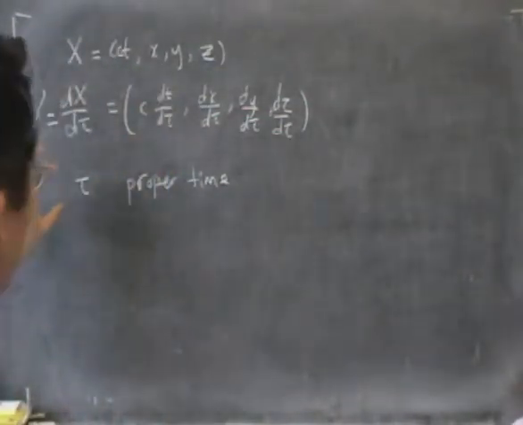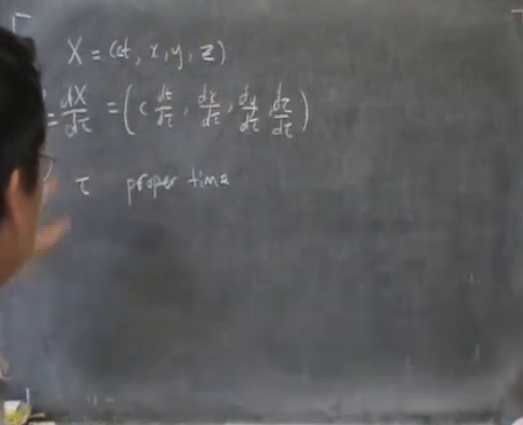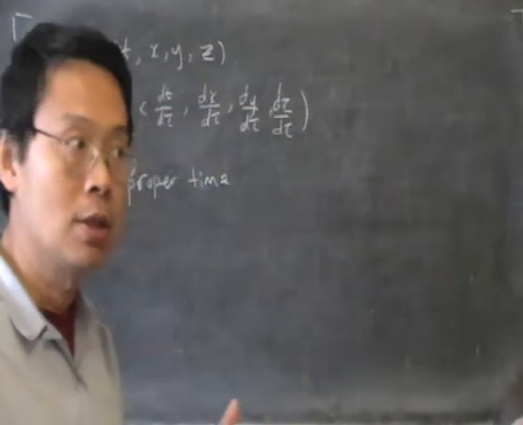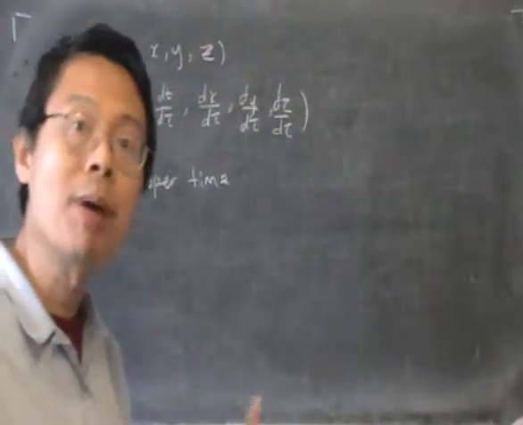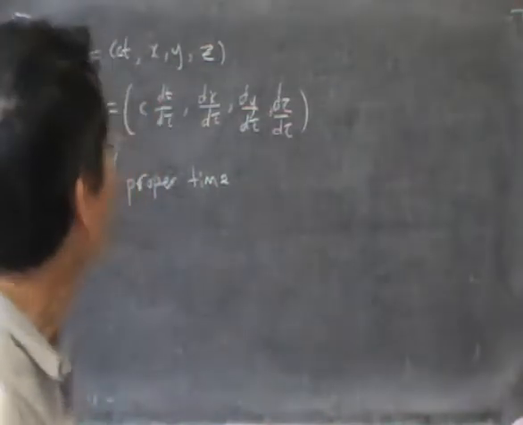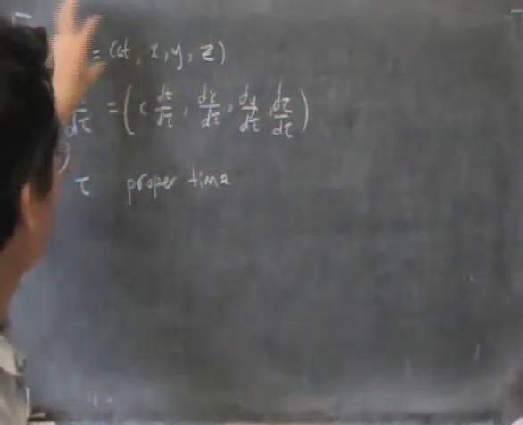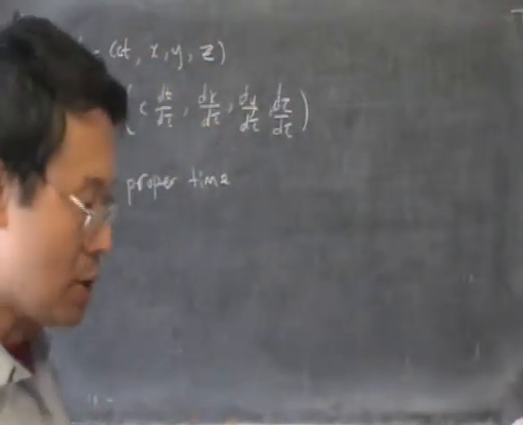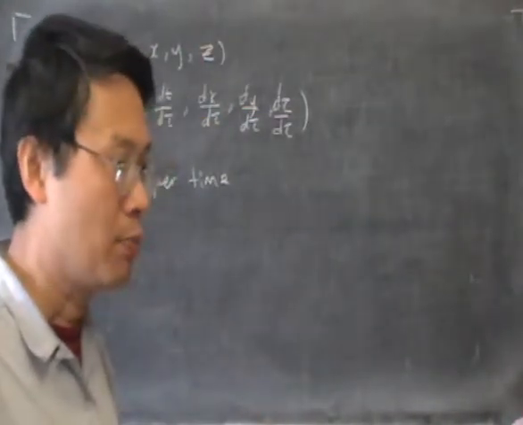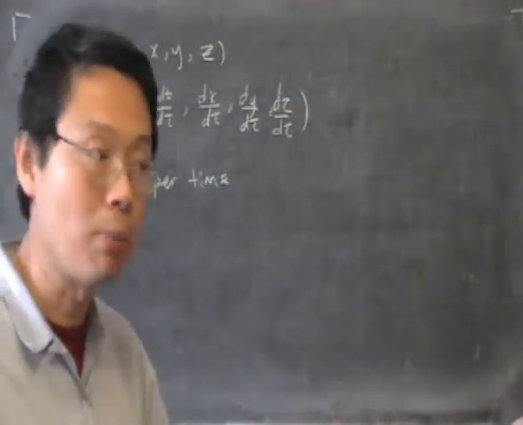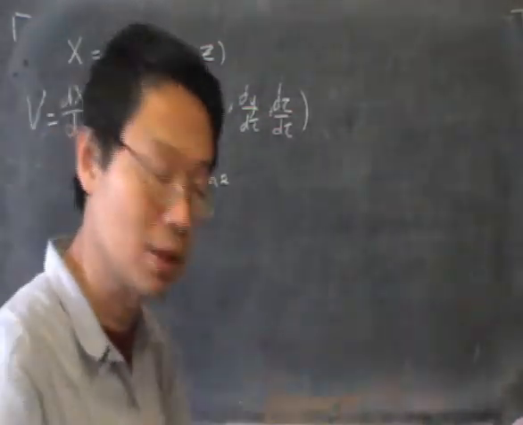Now there's a reason why we would choose to differentiate with respect to the proper time, because the proper time does not depend on the other frames of reference. For example, for this particular 4 vector with coordinates x, y, z, t, these are the coordinates when measured from a particular frame of reference or by a particular observer moving at a certain velocity.